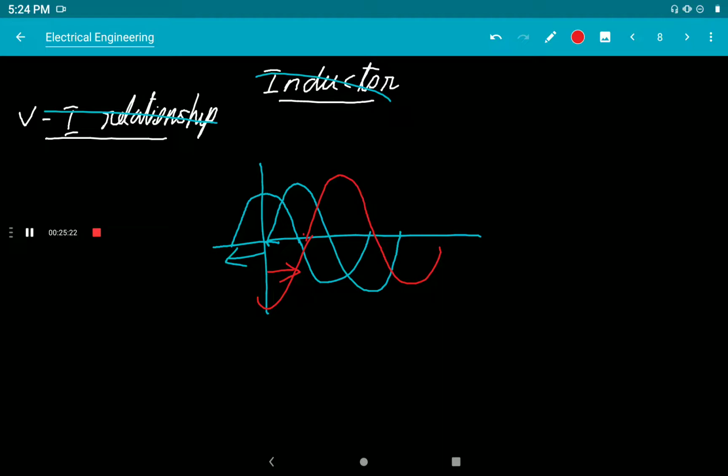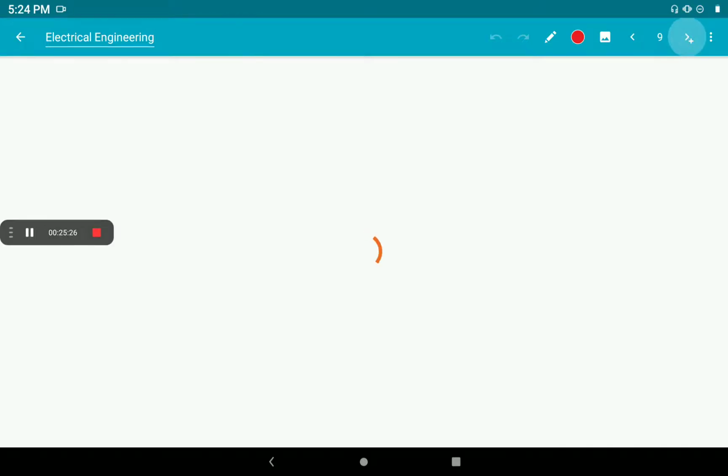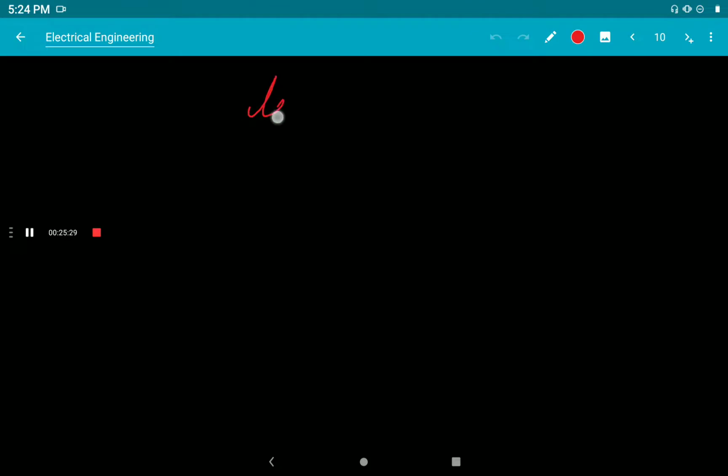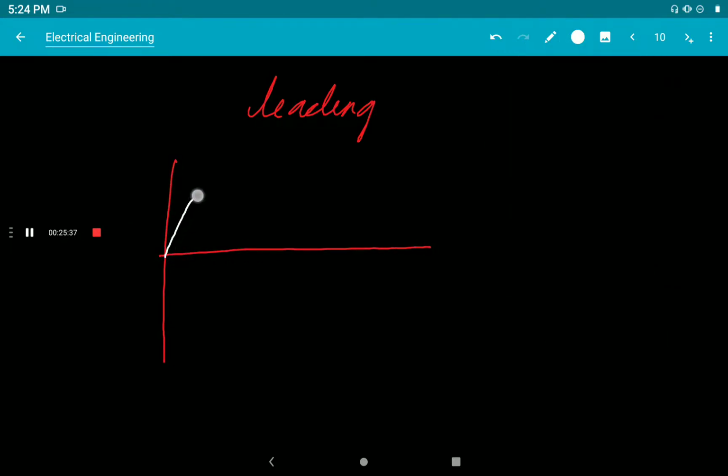You should remember that. So if it is a leading vector, I will represent it again. This is our reference wave, and if the vector is leading, this is our waveform. This voltage is a leading voltage by an angle phi.